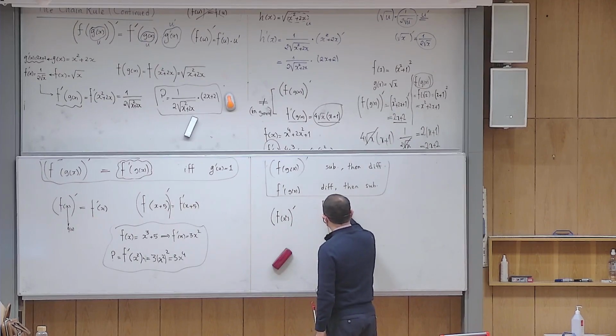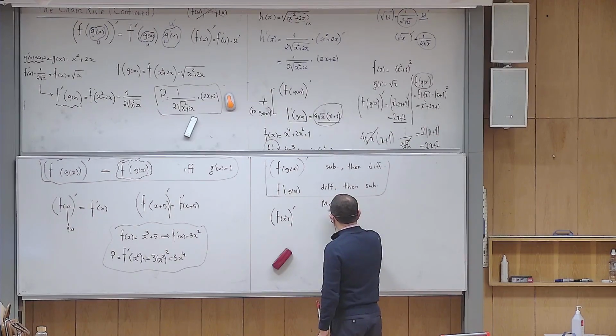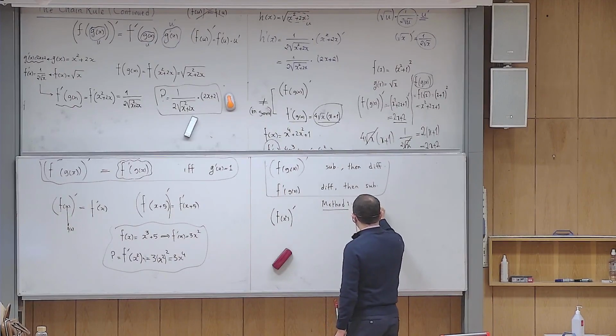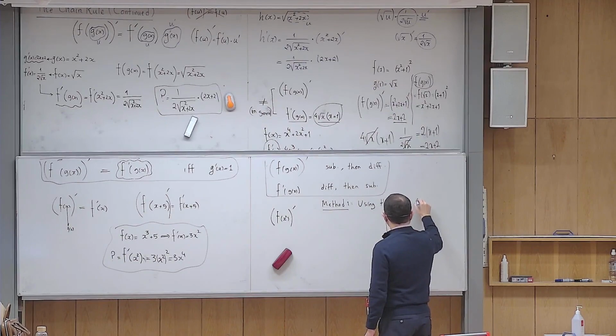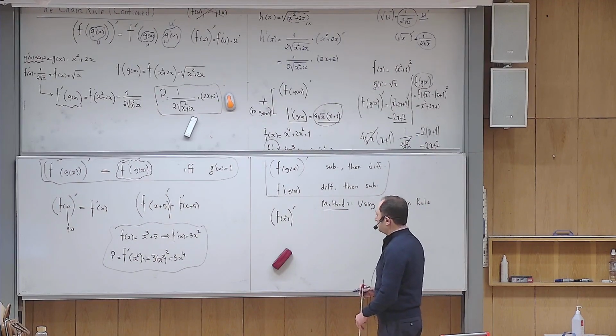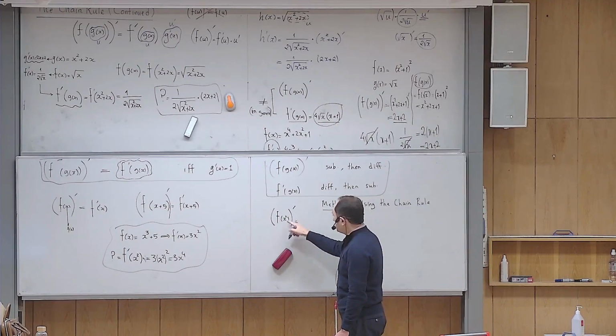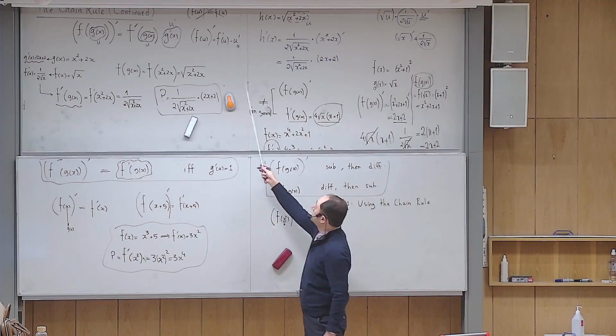Method 1, using the chain rule. So how should I use the chain rule to calculate this? This plays the role of my u here. Do you remember this formula up there?